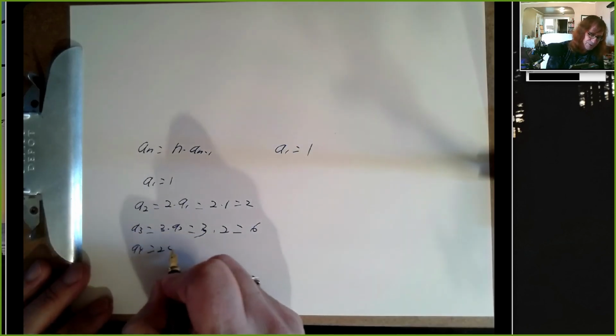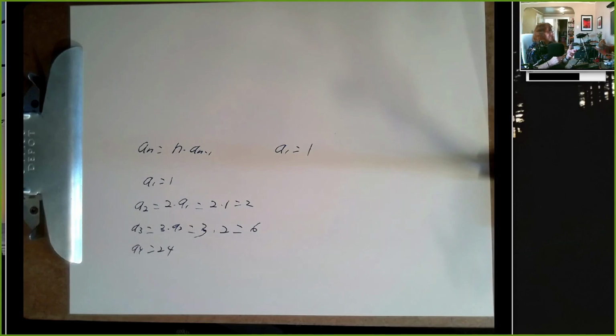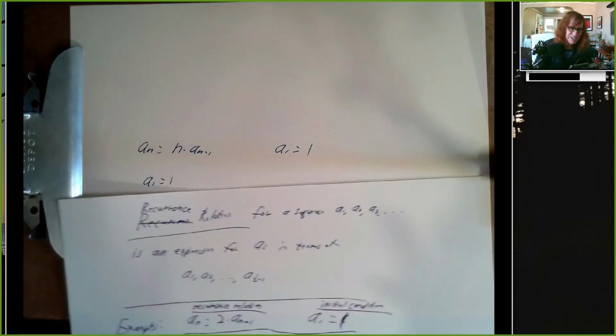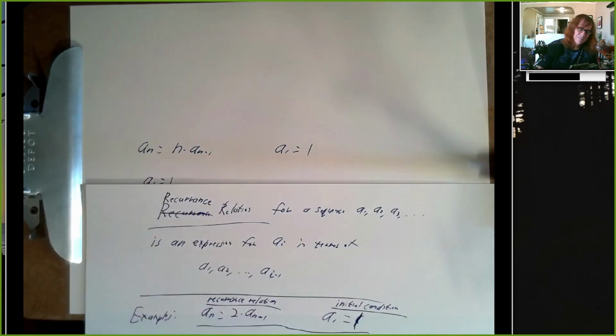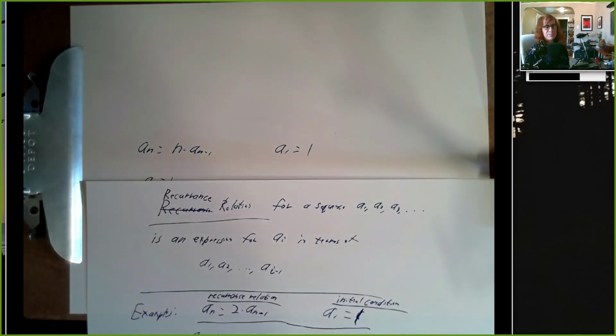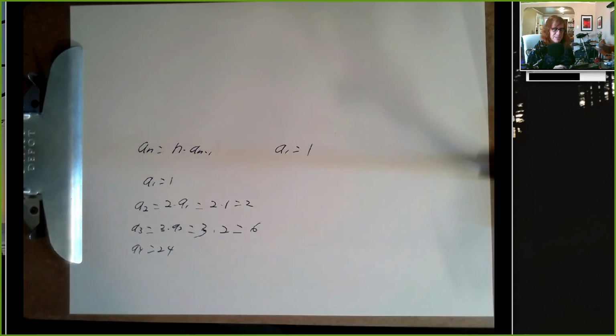And a4 will be 24, and so on. So that's a way to define factorials. And this idea of an initial condition and then this recurrence relation, that's going to come up again and again. It's going to come up in our next unit when we talk about proofs and we move to mathematical induction.